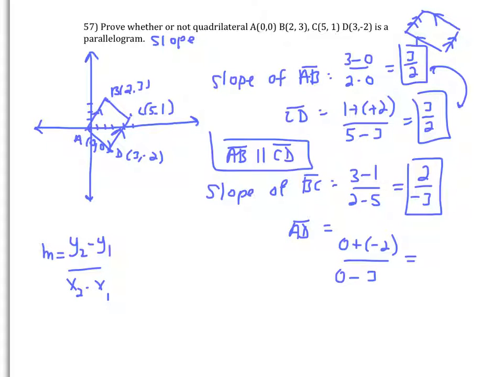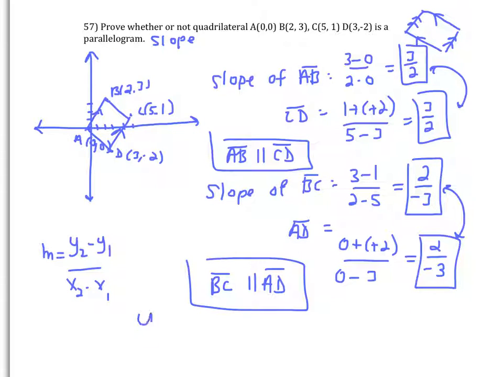Subtracting a negative turns into addition, so that's 2 over negative 3. Okay, check it out. These two have the same slope, so BC is parallel to AD. Okay, we can say for sure that yes, ABCD is a parallelogram because both pairs of opposite sides are parallel.